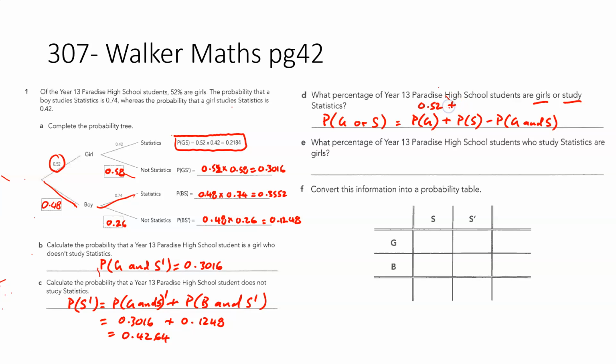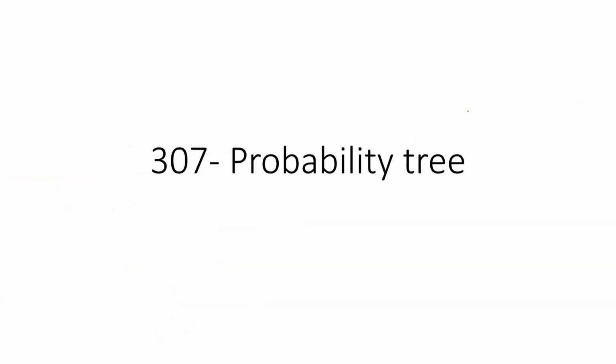plus the probability you're in statistics, which is this value for the boys and that value for the girls. Now, if we just change that and just add the boys, ignoring the girls who have already been counted, then we'll get our answer.